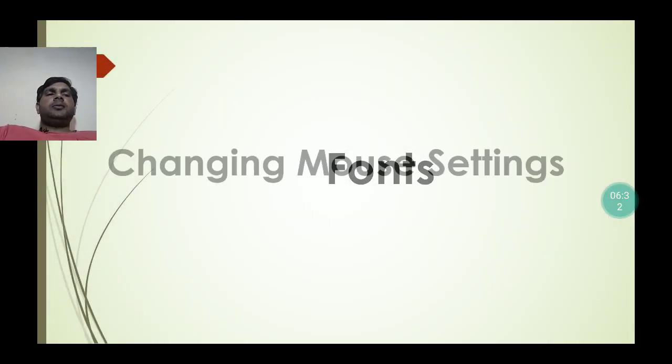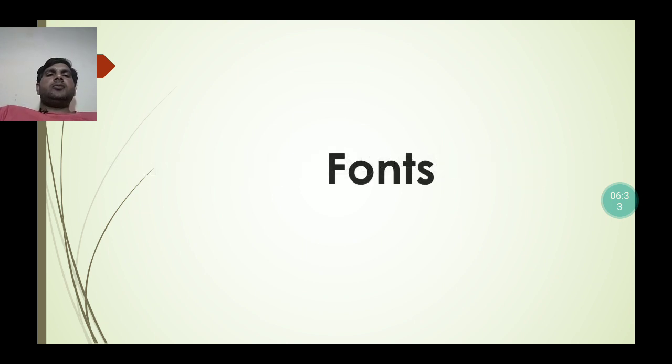Now we will learn how to change or install fonts in our system. Sometimes we need a specific type of font, and that kind of font is not available in our typing software. For example, we are working with Microsoft Word, or a digital presentation, or Excel, or any typing software or office software.